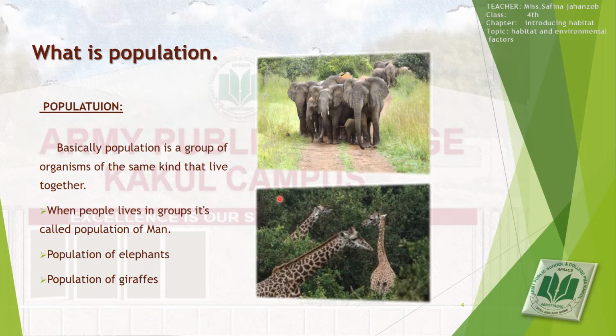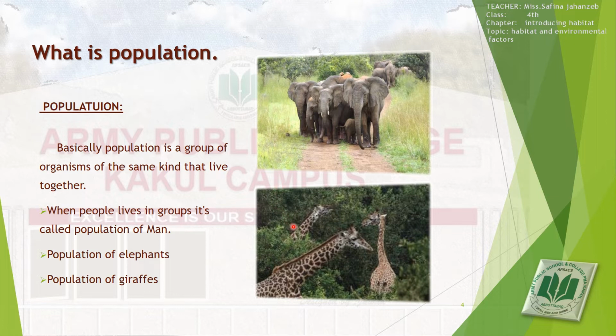Students, here in picture number 1, you can see a group of elephants present in a forest land. It is a group of the same animal, which is elephant. In this way we can say it is the population of elephants.